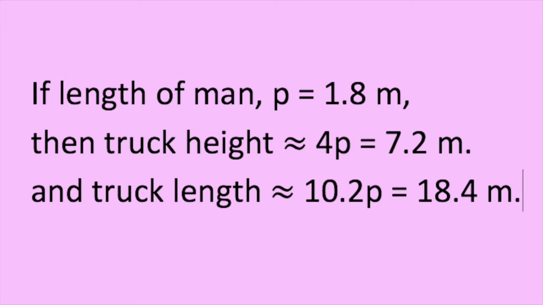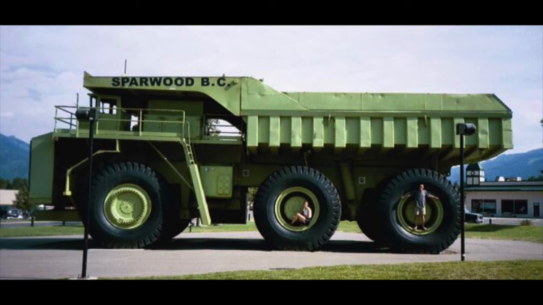A second approach could be to determine first the scale factor or conversion factor. If we measure the height of the guy in the picture, and then we compare it with his real height, or what we presume it to be, we get the scale of the whole picture. Since the guy is so close to the truck, and the truck is photographed from fairly far away, the same scale should apply to the whole picture of the truck.